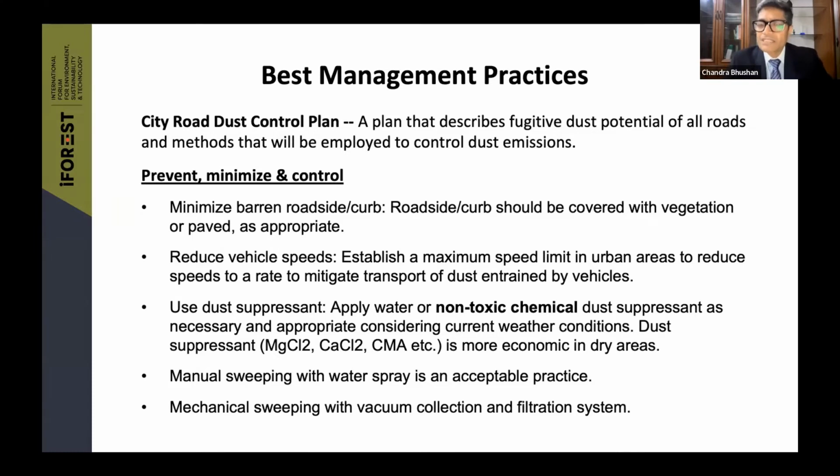If you walk across the city, you can identify areas where a large amount of dust is coming out of the road. This can be done with even a manual survey. So what I'm trying to say is dust control is something which is within your hand. As city administration, you can tackle the biggest source of air pollution easily if you are able to manage dust.